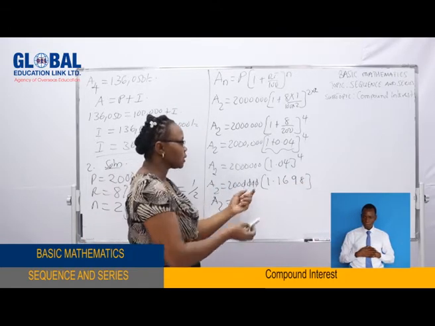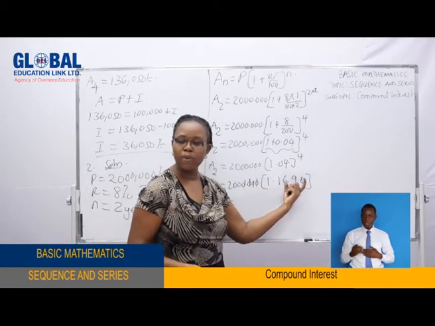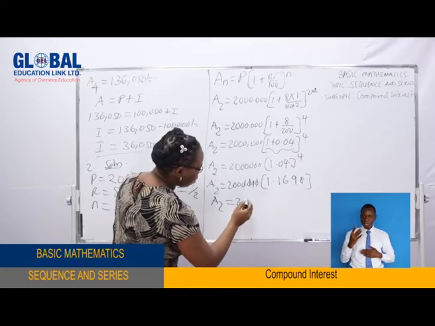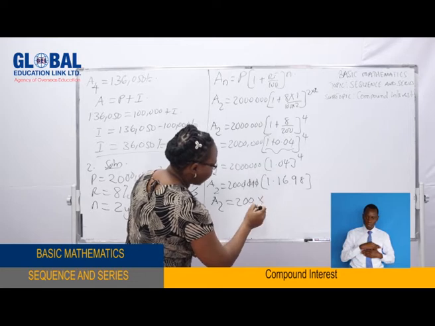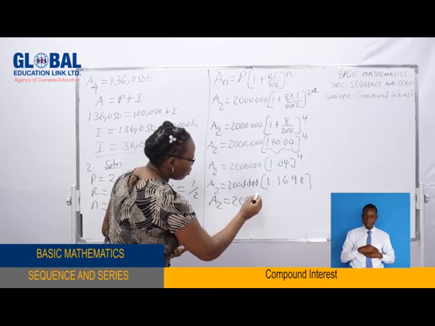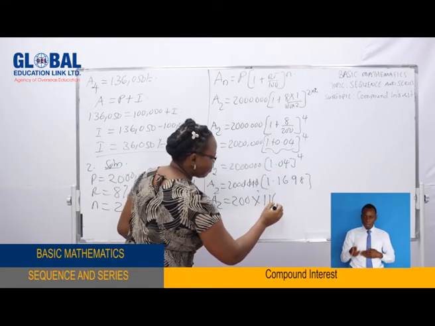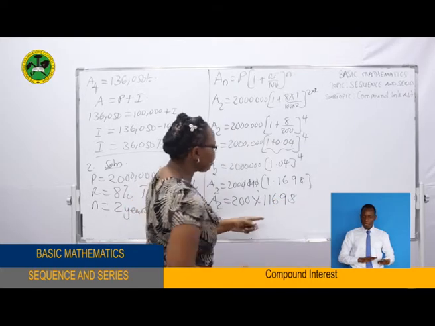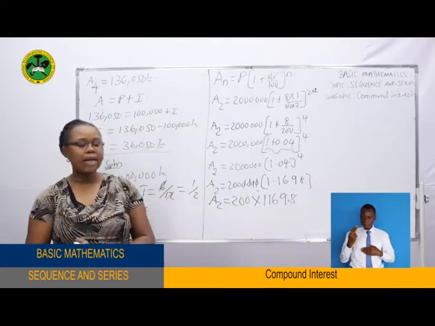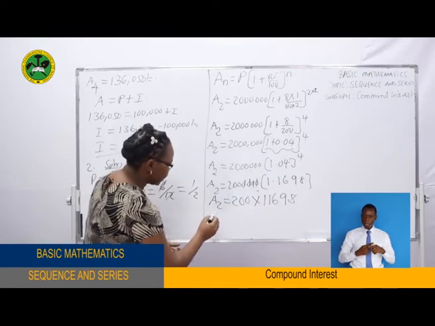So the 4 zeros will cancel the decimal places. Then we will remain with 200 times 11,698.